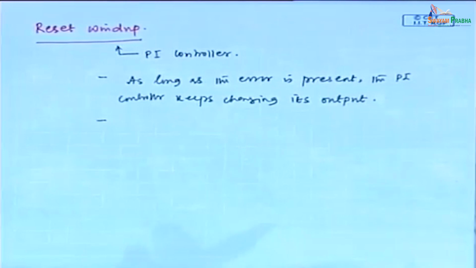When a sustained error occurs, the integral term becomes quite large and the controller output eventually saturates.